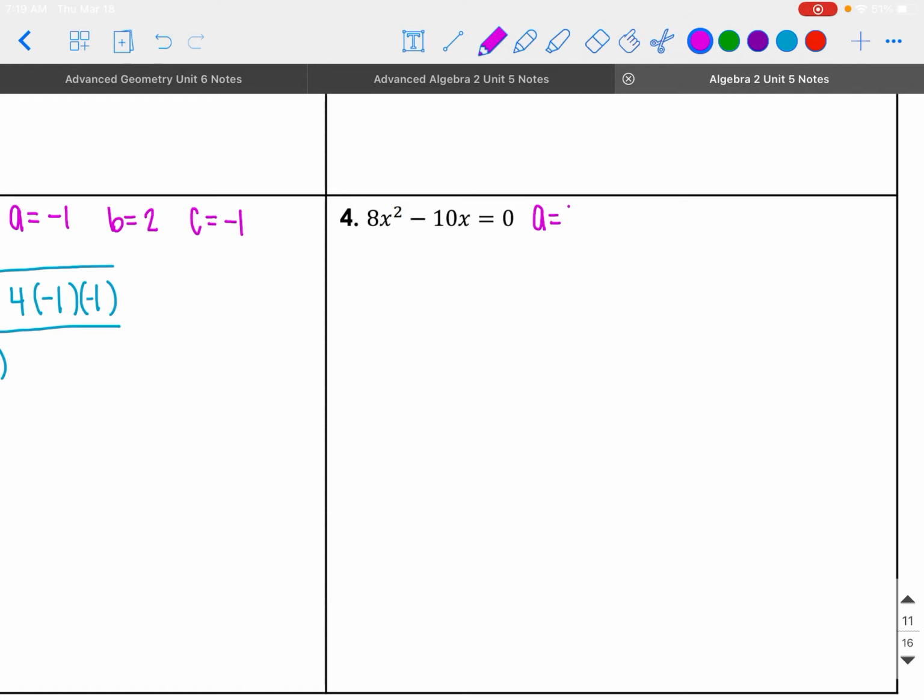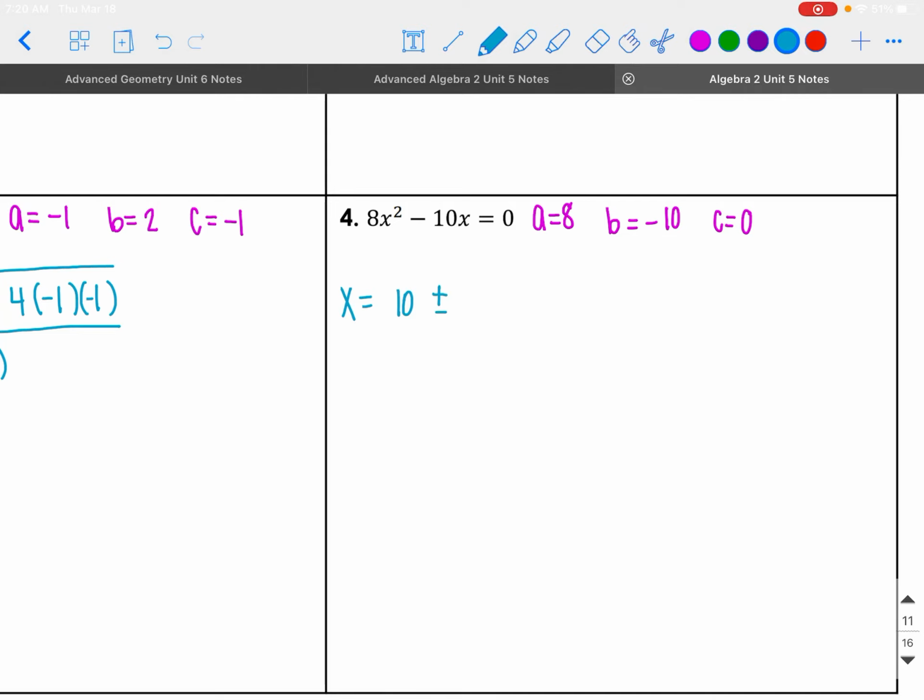Number 4. A is 8, sorry. B is -10. But there's no number added or subtracted after that. So my C is going to be 0. So x equals -b.